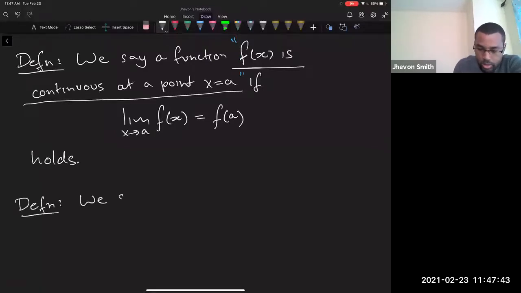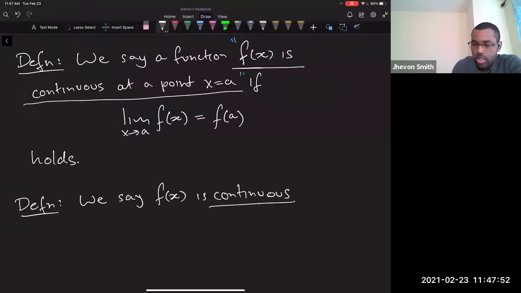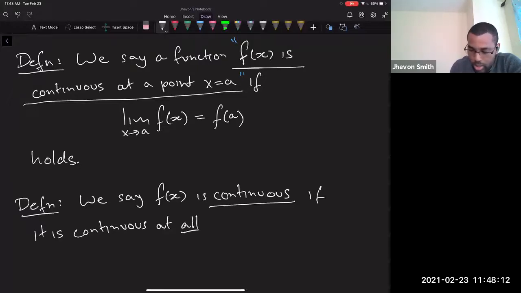We say f of x is continuous, right, with no quantification necessary. So notice that I just mentioned above continuous at a point. Here I'm just going to say point blank continuous. It's continuous, period. We say a function is continuous if it is continuous at all points in its domain.